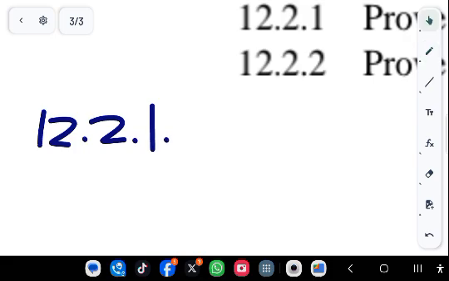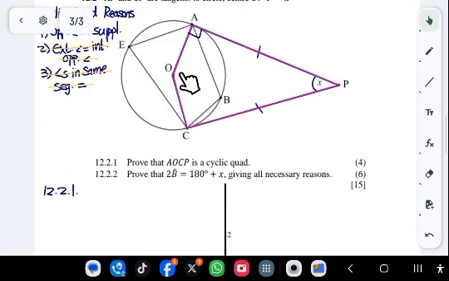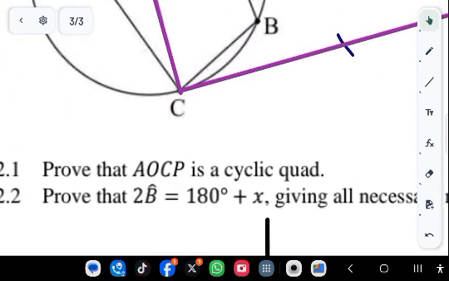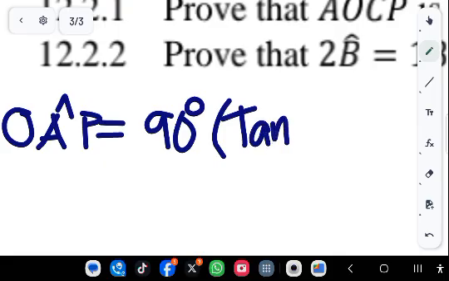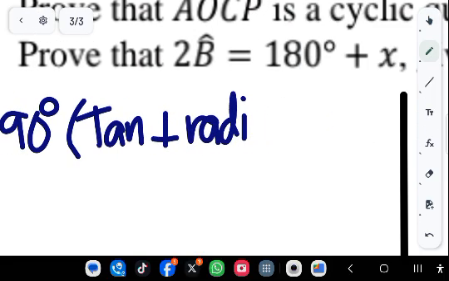Angle OAP is equal to 90 degrees. Reason? Tangent perpendicular to radius.